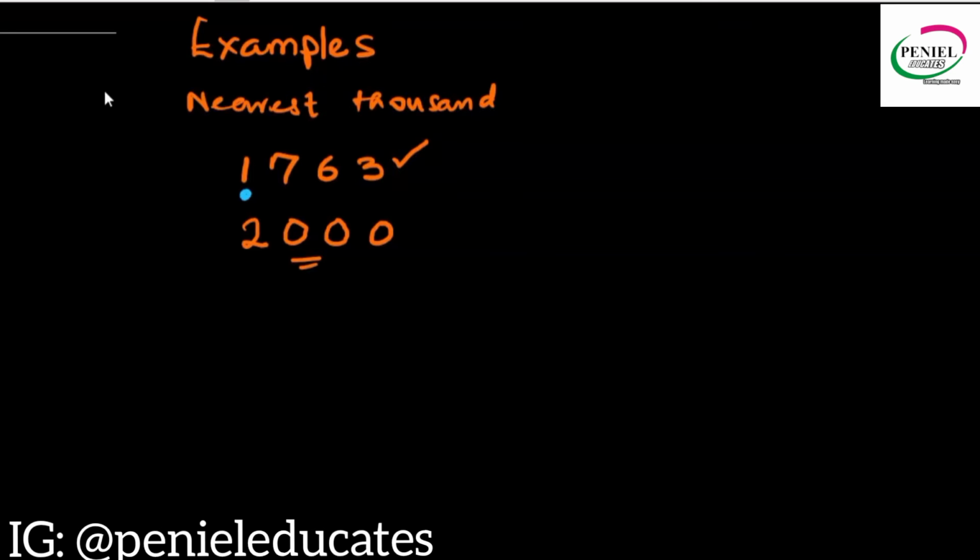Okay. Let me look at another example. Let's convert 4,436 to the nearest thousand. Like I said, you count 1, 2, 3, 4. So this is where we are going. Then we look at all these numbers. I said any number from 5 upward will convert to 1. So this 6 will convert to 1, then we replace with 0.